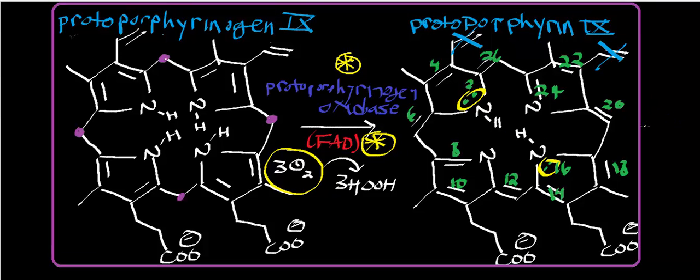Also, one thing I did want to mention before we get into the mechanism of this enzyme is where it's located. Okay, there actually has been some furious debate over the exact location of this enzyme, but it turns out that through a series of studies, scientists have been able to make a pretty good guess that protoporphyrinogen oxidase is located in the inner mitochondrial membrane.